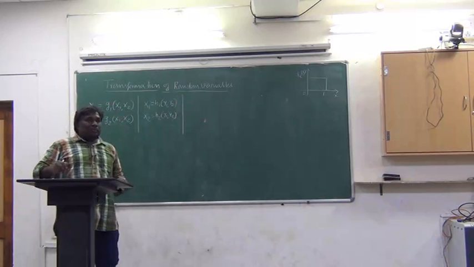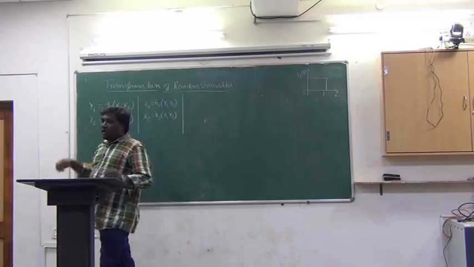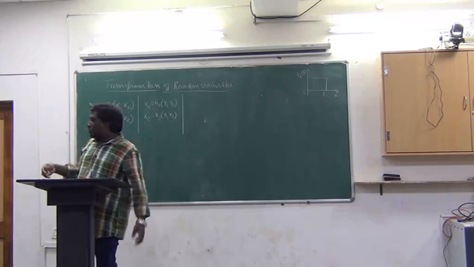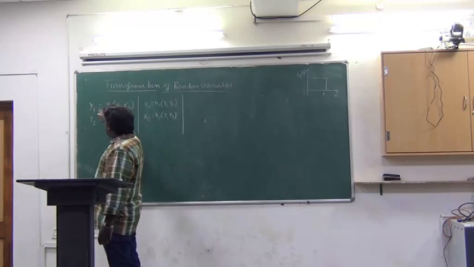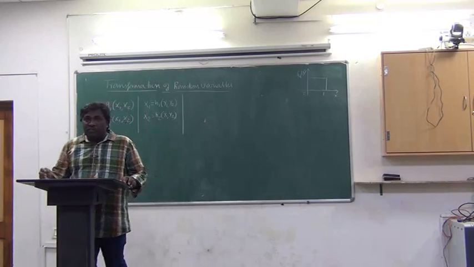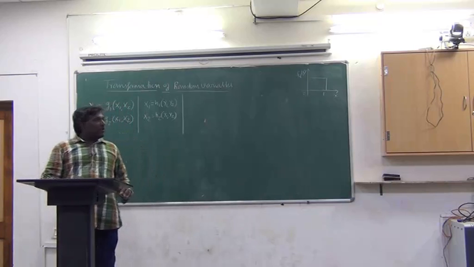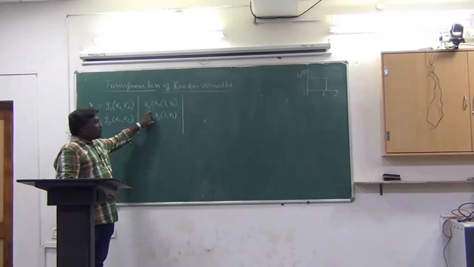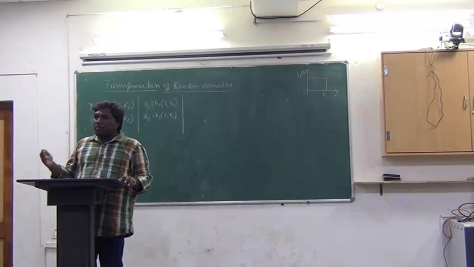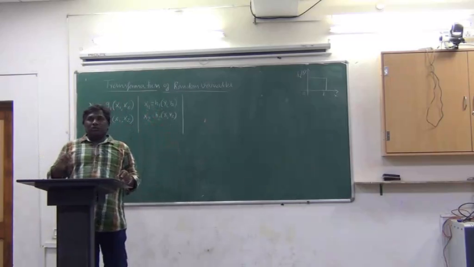They are related to another two random variables y1 and y2 using the functions g1 and g2. g1 of x1 comma x2 is y1, g2 of x1 comma x2 is y2. And the function we have chosen is invertible. It means I must be able to identify x1 using another function h1 of y1 comma y2, and x2 as h2 of y1 comma y2.